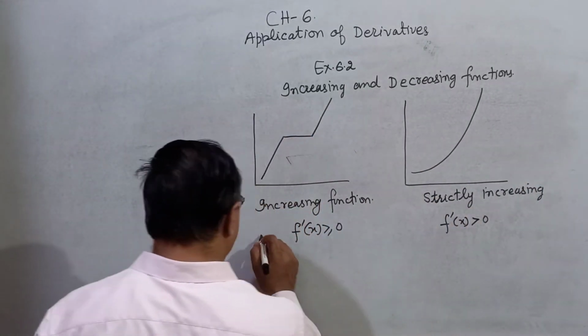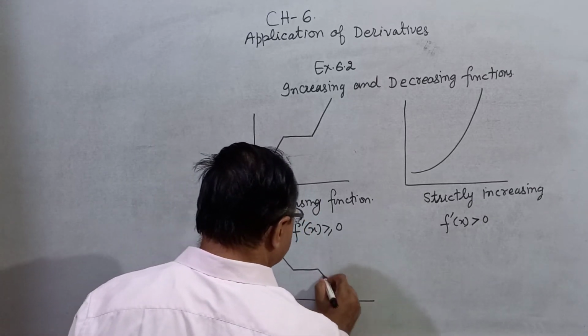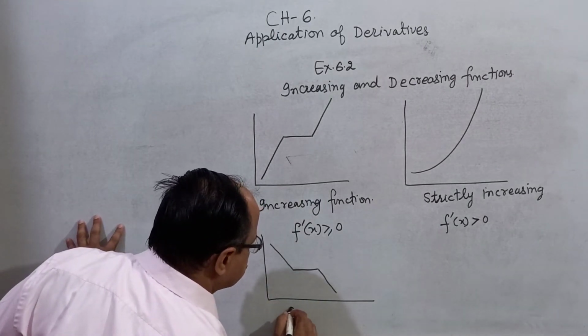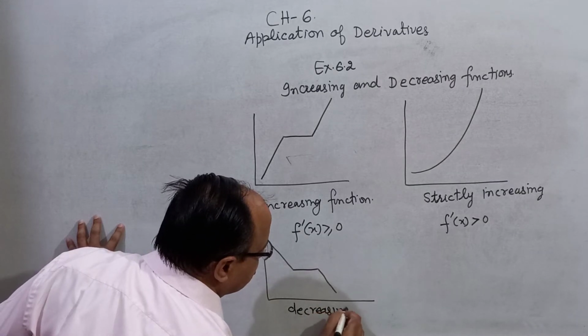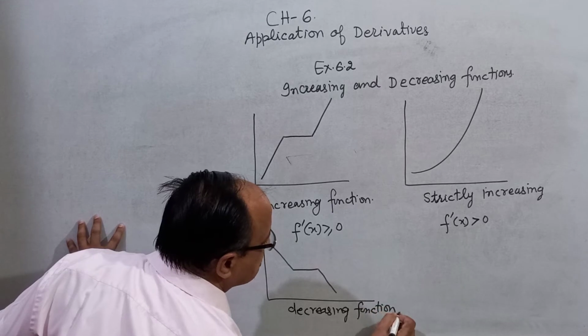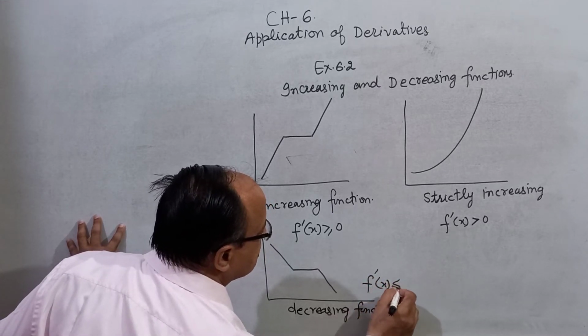And similarly for decreasing function, like this, this is called a decreasing function, and the condition for this, f dash x less than or equal to 0.